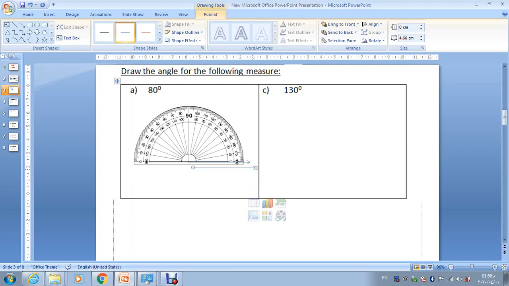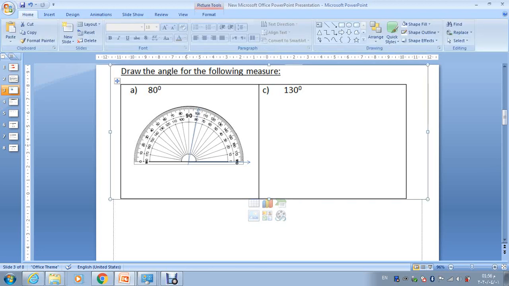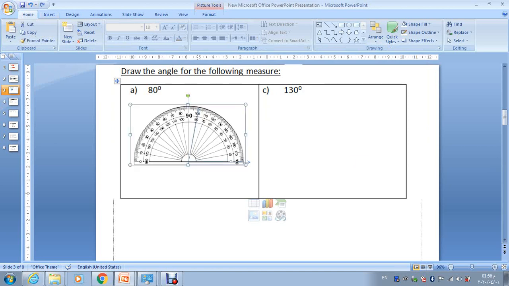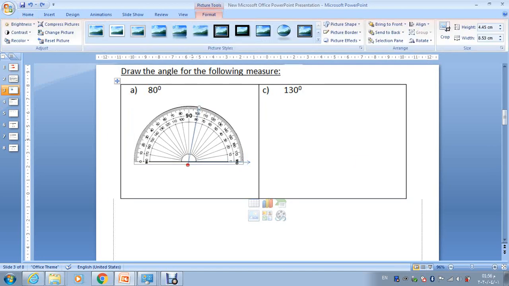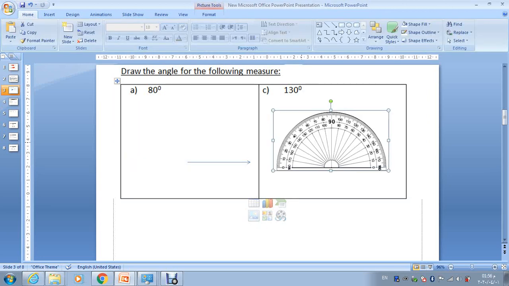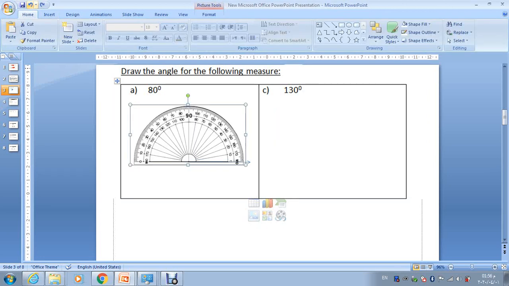So I will take this one and go to 80. Okay, so now it's an 80-degree angle.